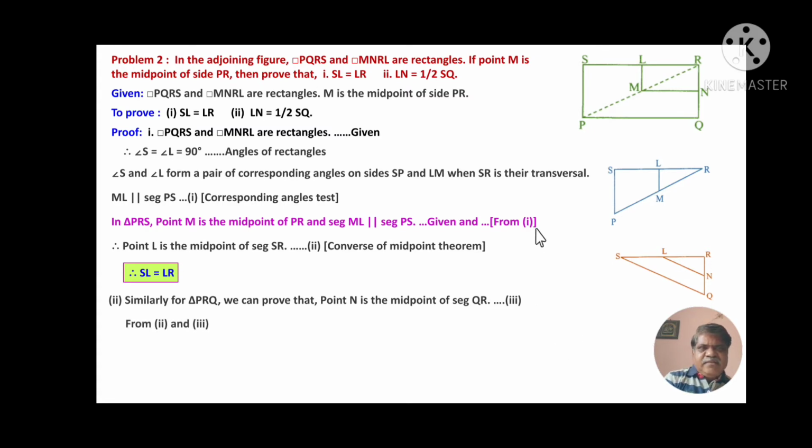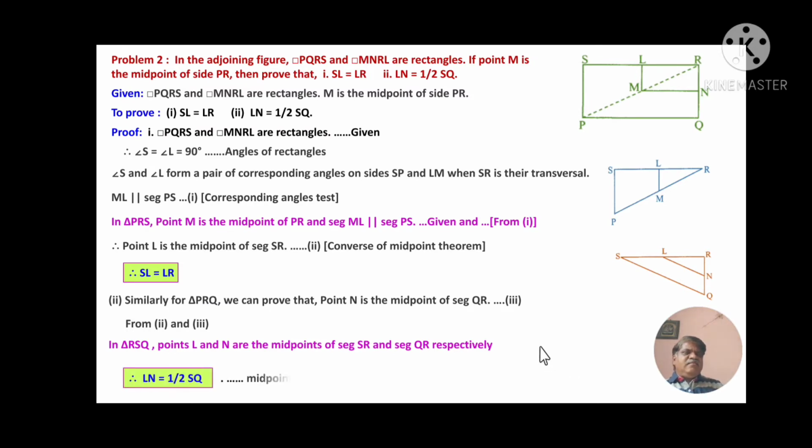So, from the second and this third, in triangle RSQ, L and N are the midpoints of segments SR and QR respectively. Therefore, we can write that LN is equal to half of SQ by using the midpoint theorem.